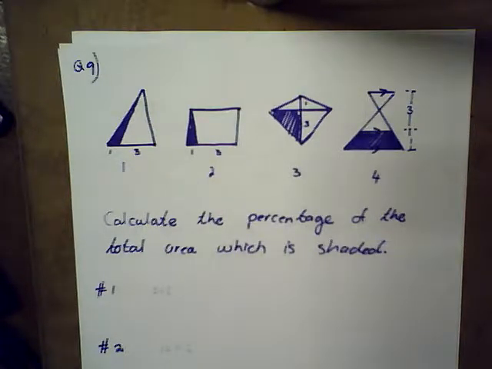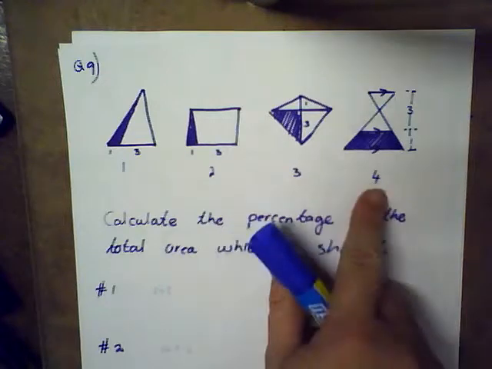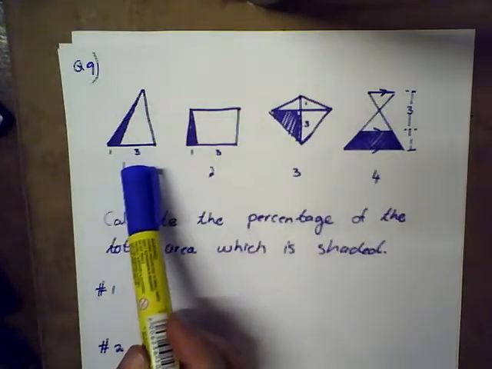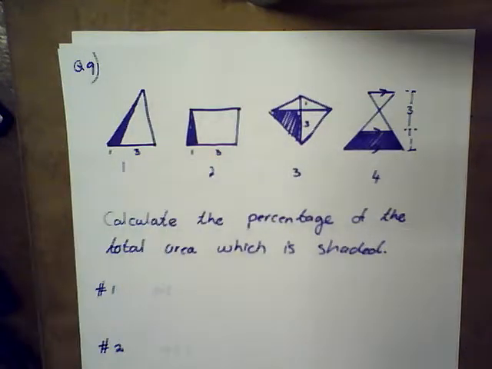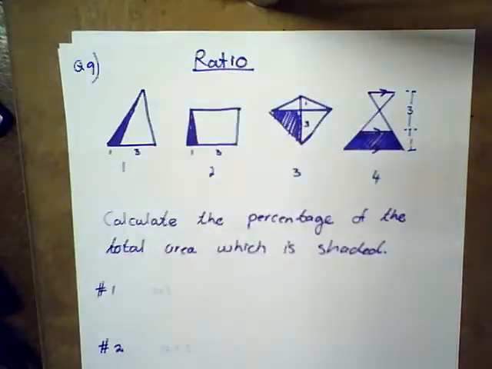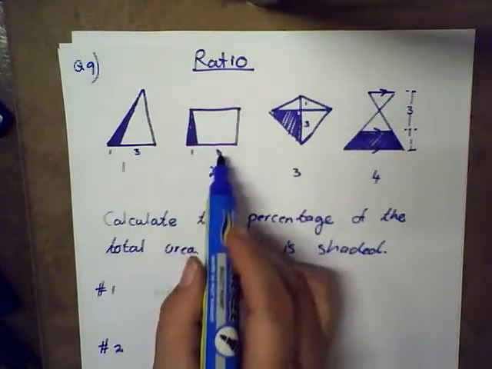Okay, we're nearly done. Question 9 has diagrams 1, 2, 3, and 4. Diagram 1 shows a triangle with its base divided into the ratio 1 to 3. Please read ratio. Diagram 2 shows a parallelogram with its base divided into the ratio 1 to 3.